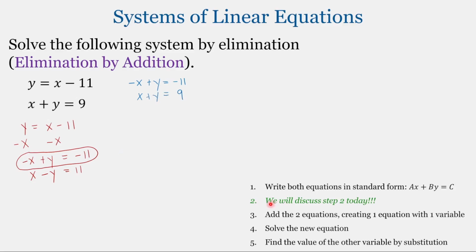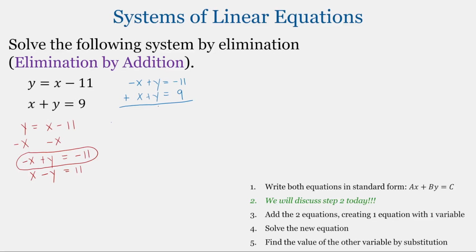For this example, we're still able to skip step 2, and that's what we're going to discuss today. But for this example, it's not needed. So let's add the two equations, creating one equation with one variable. Step 2 is not needed because when I add these two equations, one of the variables will disappear.